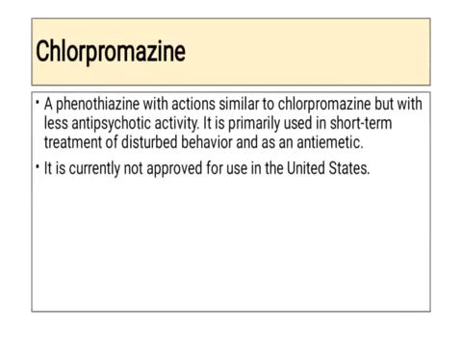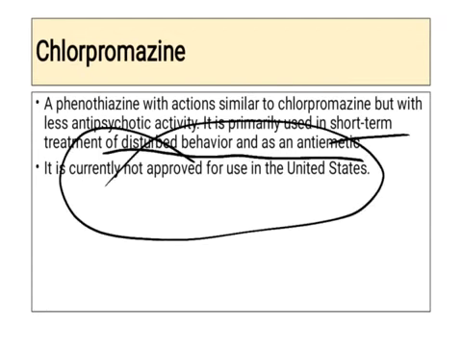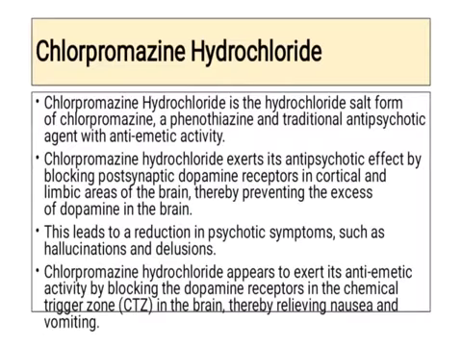It has a similar effect. It is used for the short-term treatment of disturbed behavior and as an anti-emetic drug. Currently, this drug is not approved for use in the United States. So chlorpromazine hydrochloride is again the hydrochloride salt.